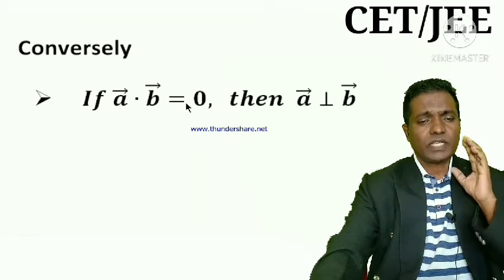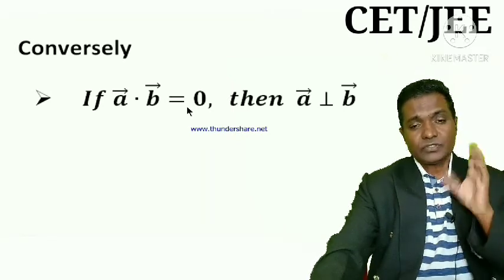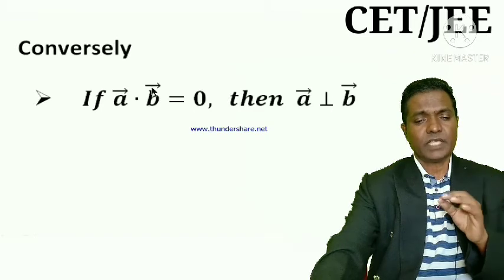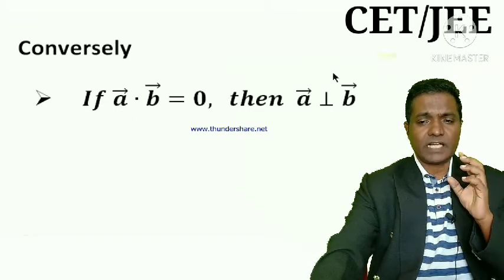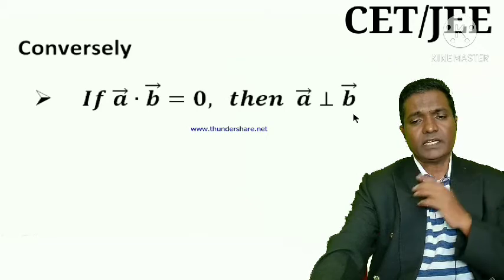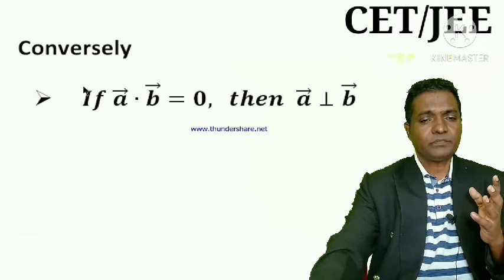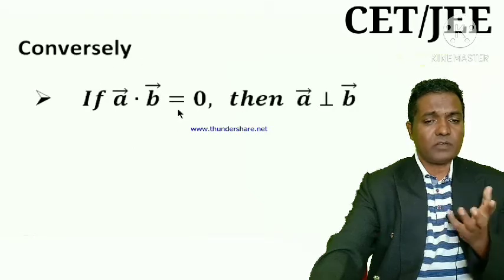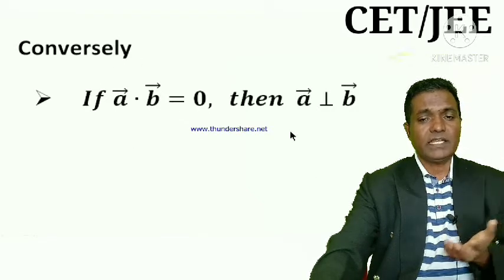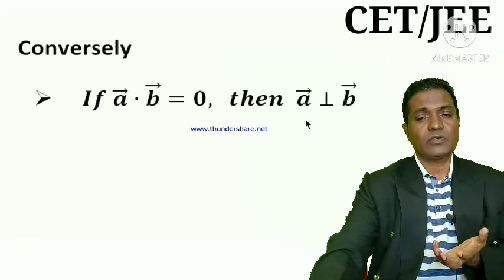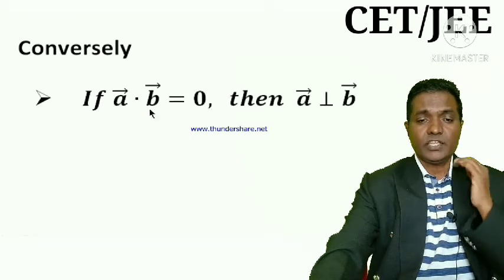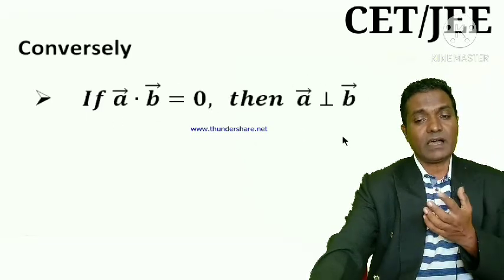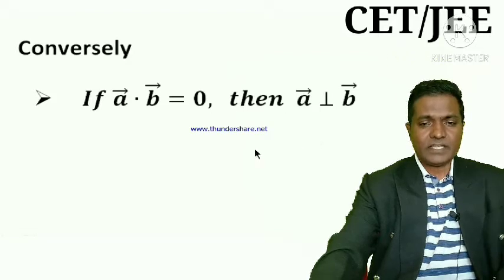You have to keep this in your mind throughout this chapter. Whenever the dot product is 0, immediately conclude that they are perpendicular to each other.